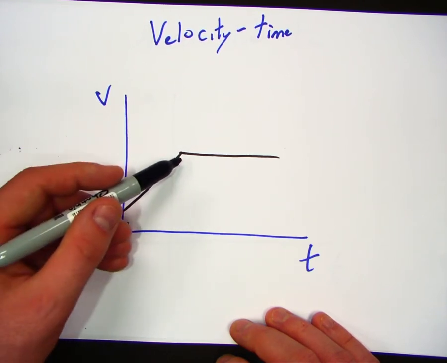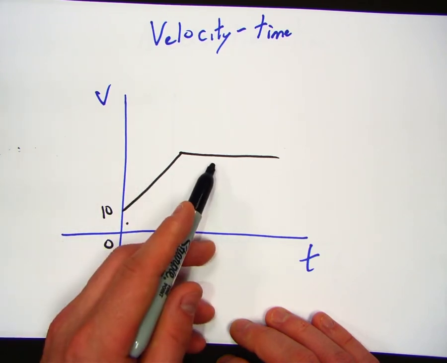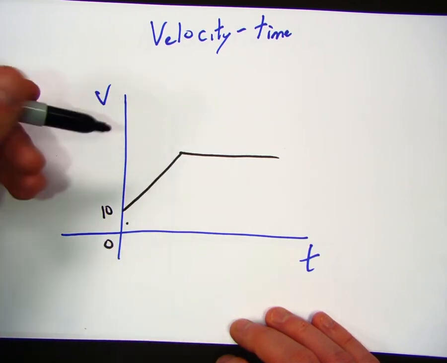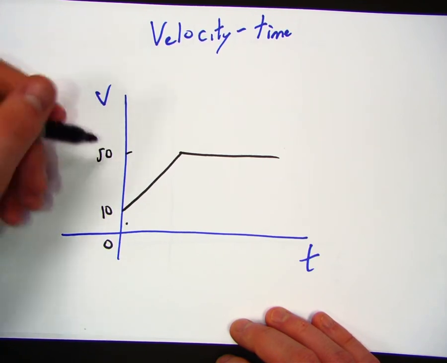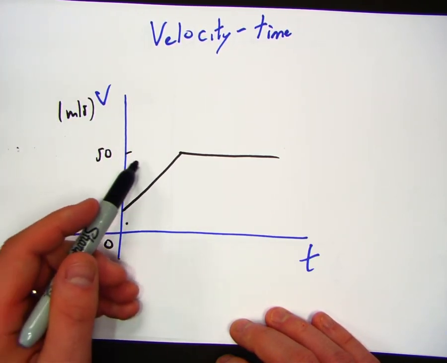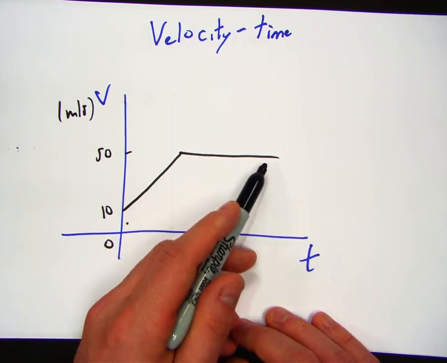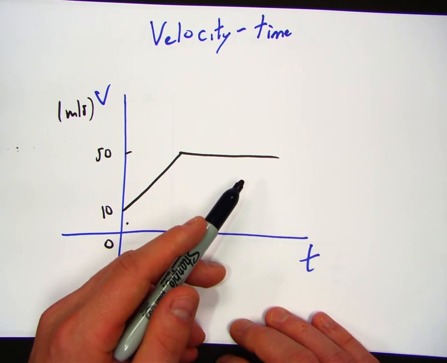Yes, it's moving in the positive direction, but you could say it's accelerating here. At this point, the object did not stop moving. If I gave this a number, it would be moving at, let's say, 50 meters per second, at a constant rate, still in the positive direction.